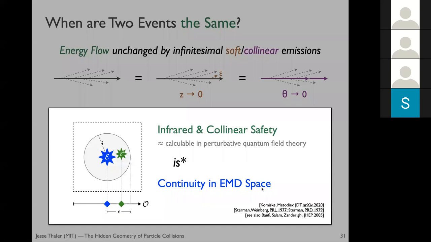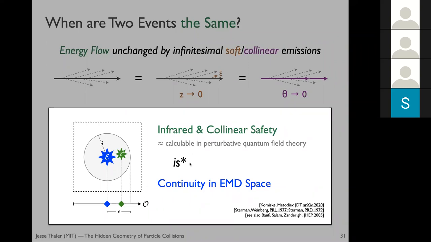If you remember from real analysis, what continuity is involves these epsilon-delta proofs. If things are within a delta ball in this EMD space, then the observable is within an epsilon ball in the observable space, and that corresponds to continuity. The previous notion of infrared and collinear safety maps beautifully onto continuity in this EMD space.